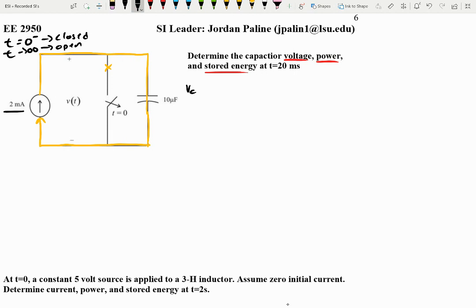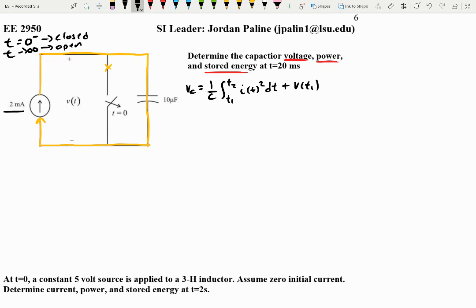So V of C will be equal to 1 over C, integral from T1 to T2 of I of T squared dt plus V of T1.